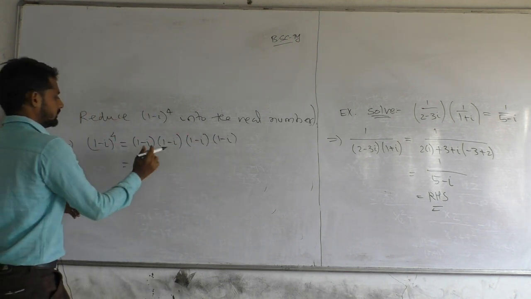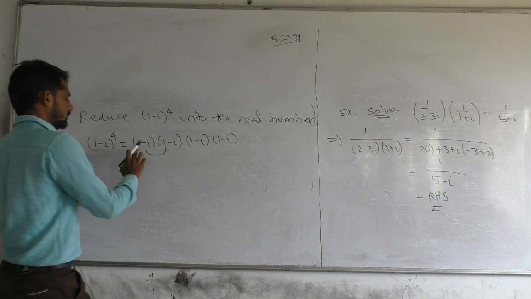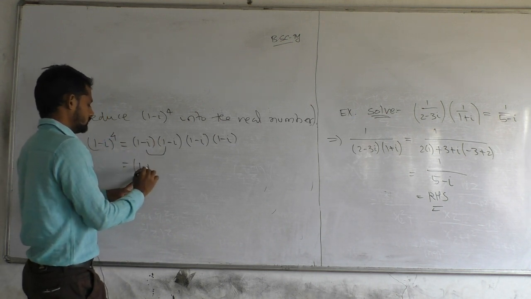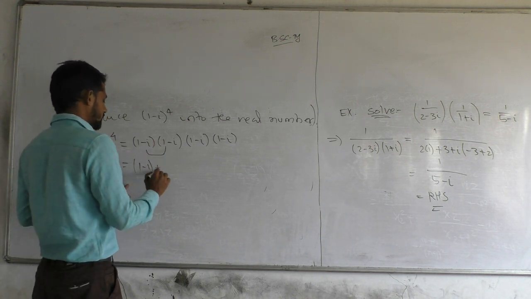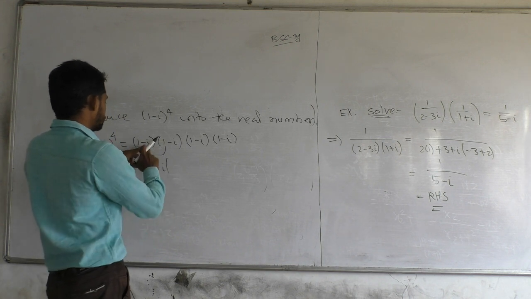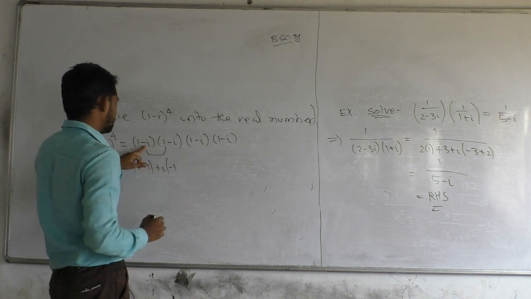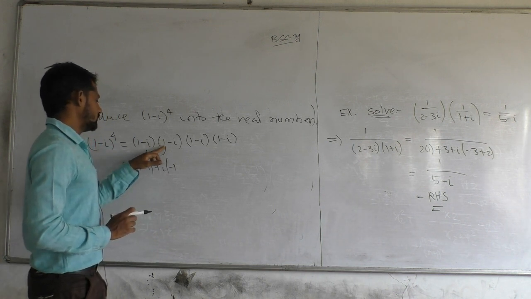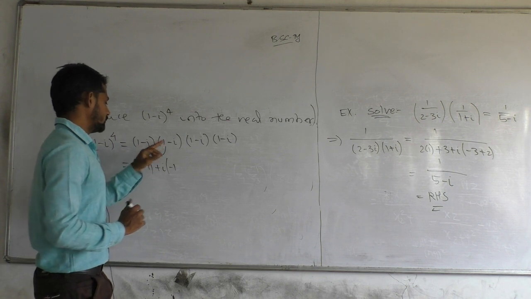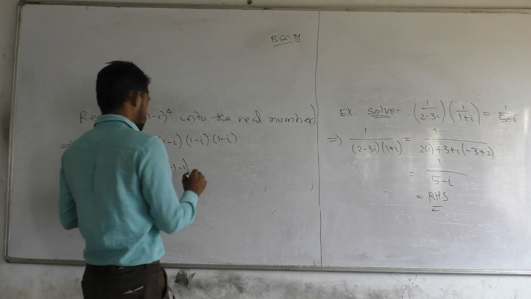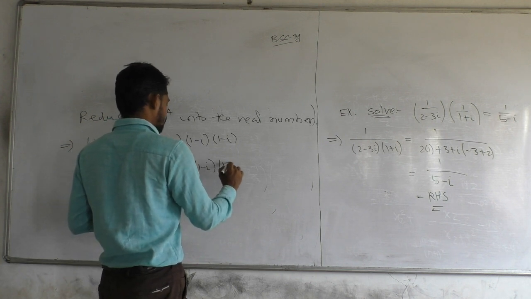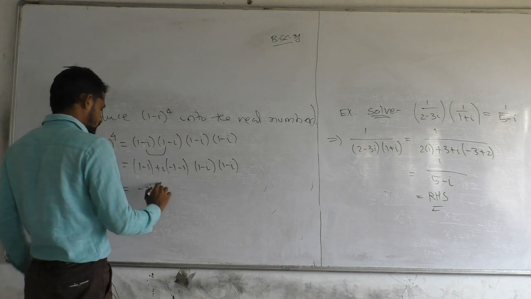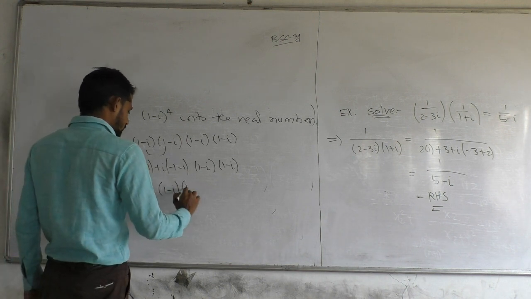So multiply the first two. It becomes 1 into 1 minus 1 into 1, so it becomes 0, plus i times minus 1 into 1 minus 1 into 1, which gives minus 2i, times 1 minus i into 1 minus i.